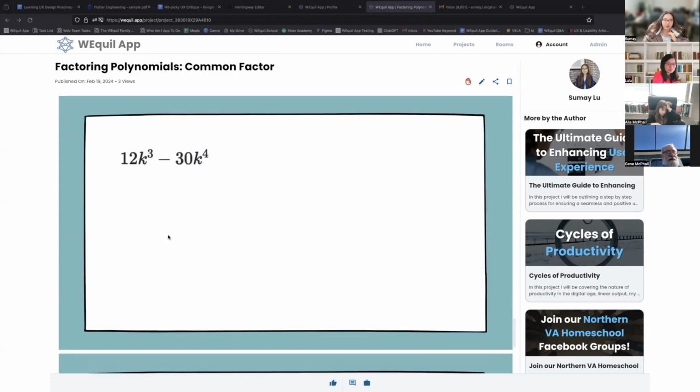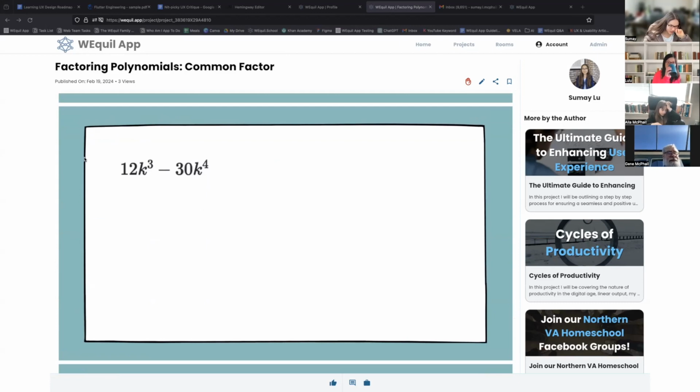And we have another example. This is where we're factoring a binomial. So the greatest common factor between these two is 6, because 3 times 4 is 12, and 6 times 2 is 12, and 6 times 5 is 30.